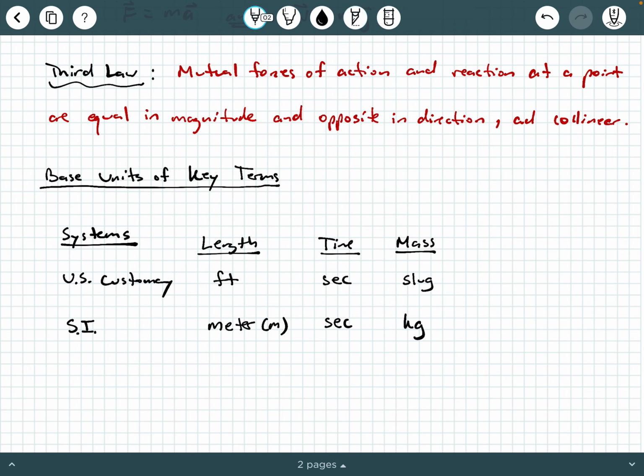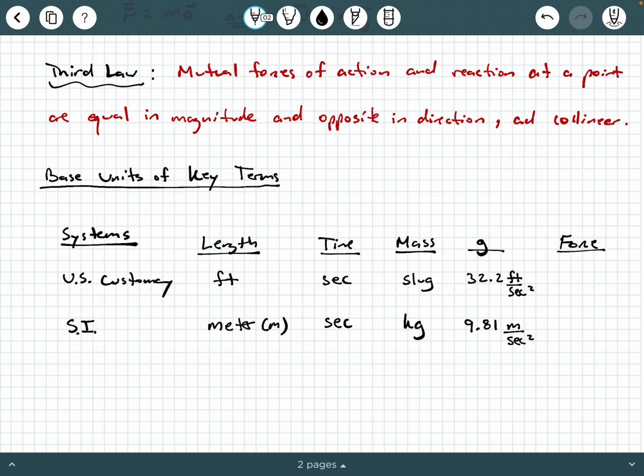What about acceleration due to gravity, g? Okay, well, in U.S. customary units, that's going to be 32.2 feet per second squared. And then in SI units, that's going to be 9.81 meters per second squared. Okay, and then the last, but certainly not least, is going to be force.